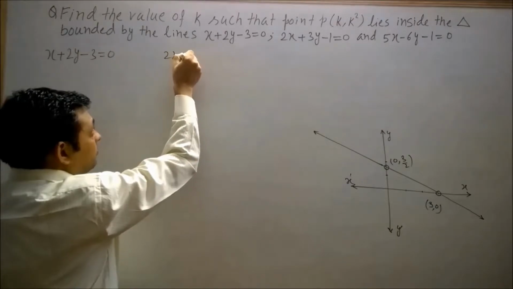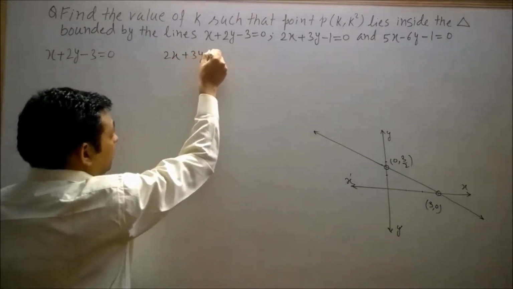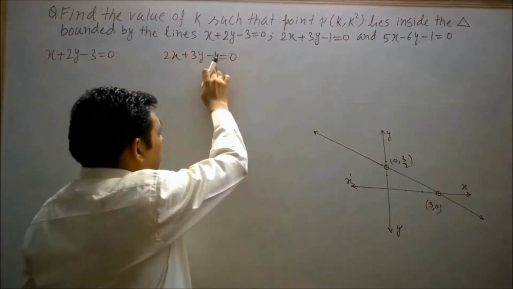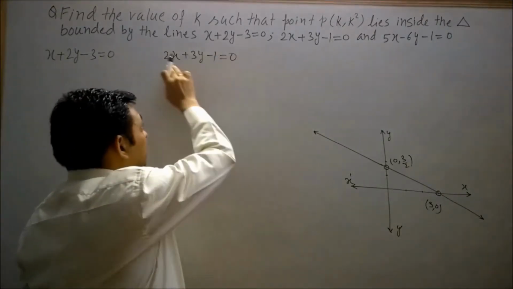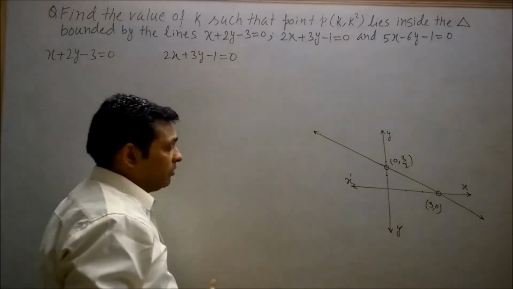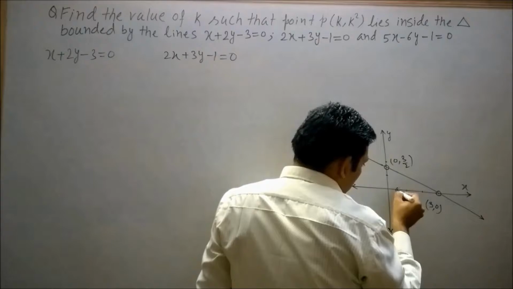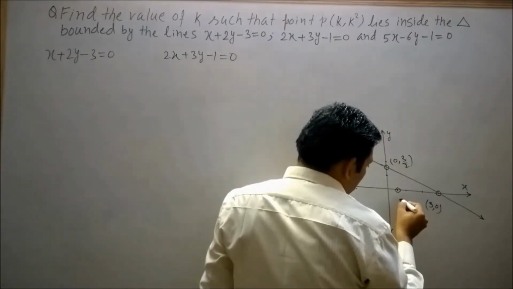2x plus 3y minus 1 equals to 0. If y equals to 0, then minus 1 become positive on this side upon 2. Then x will be 1 by 2. Let's say this is the point 1 by 2, 0.